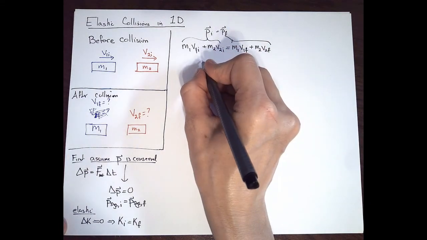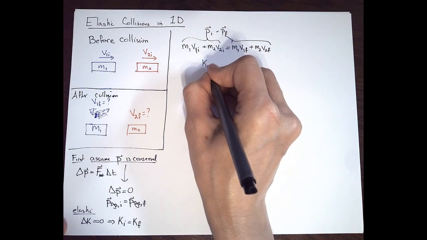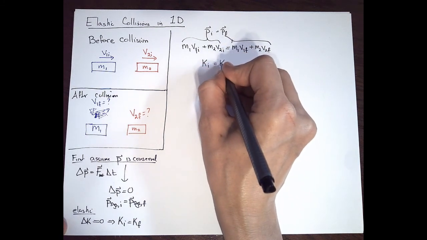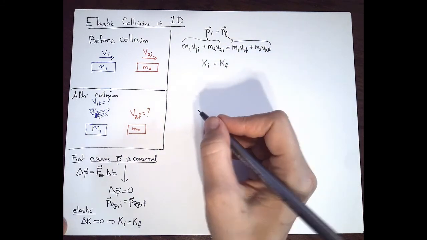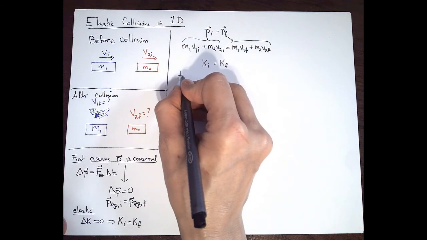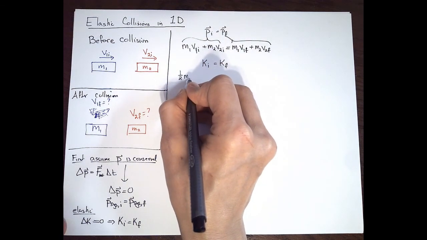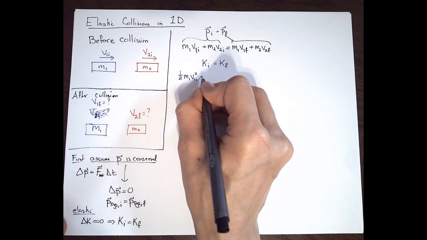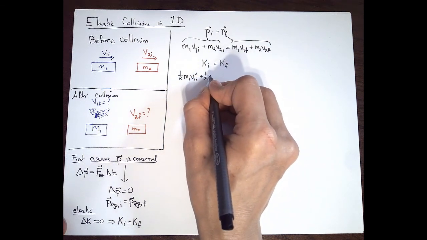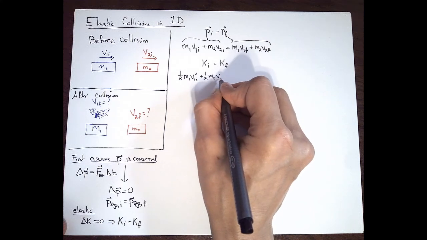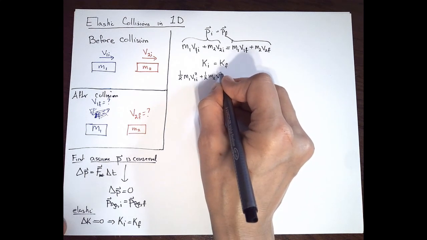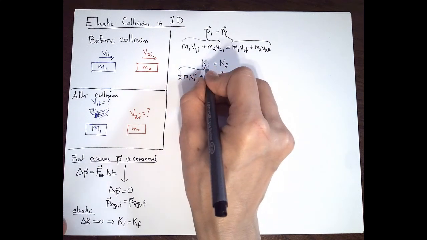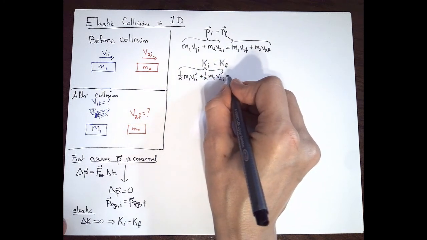So let's write that down. The initial kinetic energy is equal to the final kinetic energy. So what's the initial kinetic energy? Well, 1/2 the first mass times its initial speed squared plus 1/2 the second mass times its initial speed squared. So that's all the initial kinetic energy.